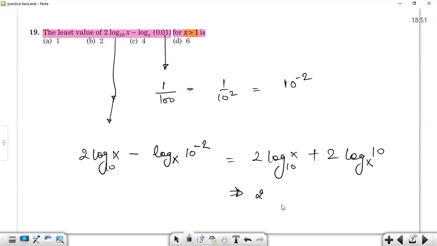So taking 2 common here, we write logarithm of x to the base 10 plus, and we can change the base by changing its position, numerator and denominator. We bring it into the denominator part and write it as logarithm of x to the base 10. Is that clear?